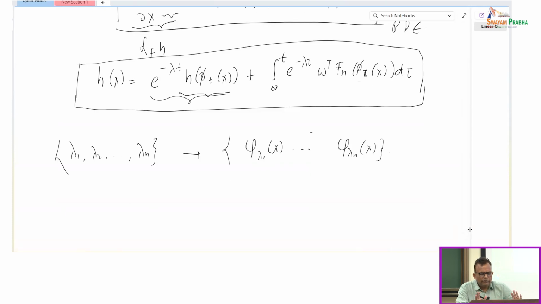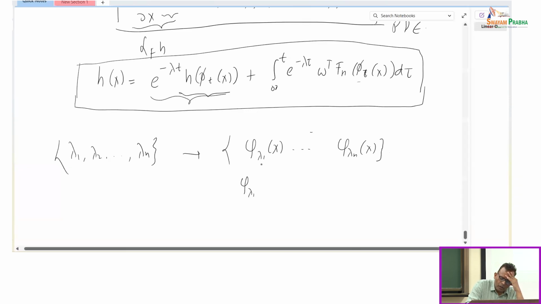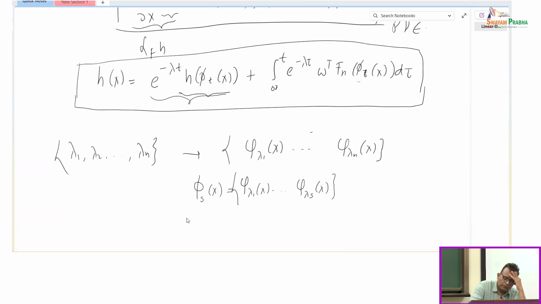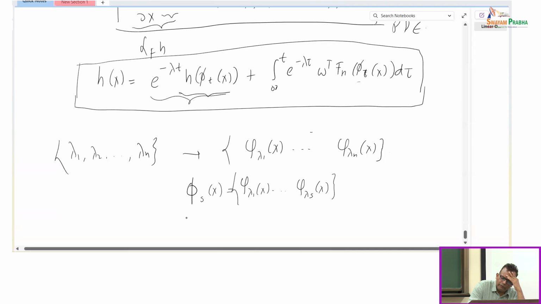Okay, and we're assuming that the equilibrium point is hyperbolic. Now, what you could do is the following. Let's say I order these eigenvalues in such a way that psi lambda 1 of x to psi lambda s of x are the eigenfunctions corresponding to the stable eigenvalues. What I mean by stable is that these are the eigenfunctions corresponding to eigenvalues with negative real part.